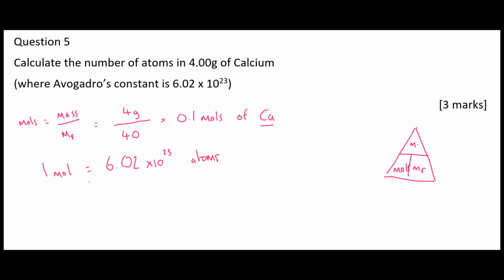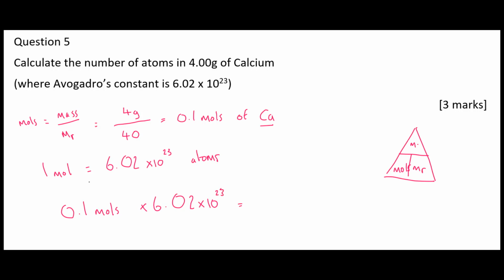So if we've got 0.1 moles of calcium, we can multiply that by Avogadro's constant, which is 6.02 times 10 to the 23.